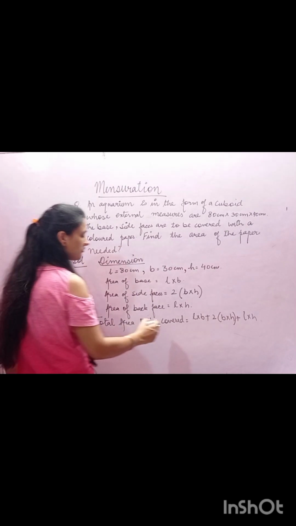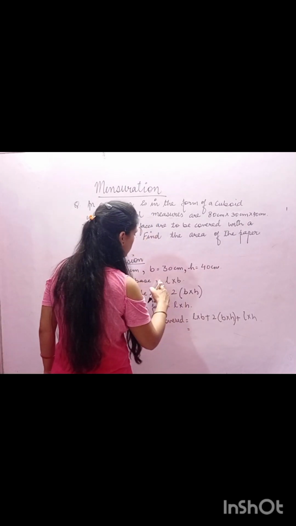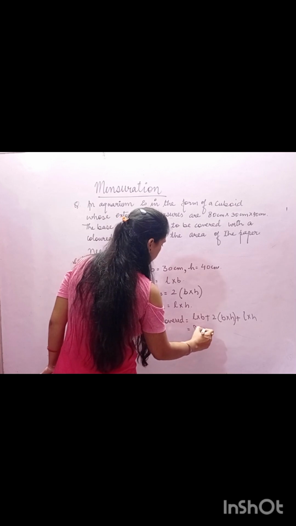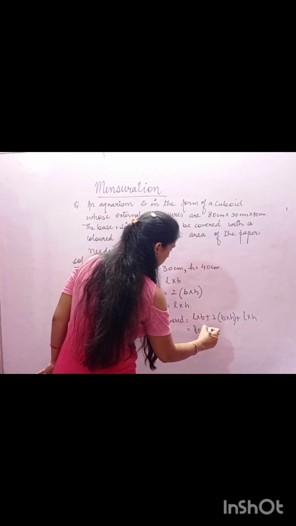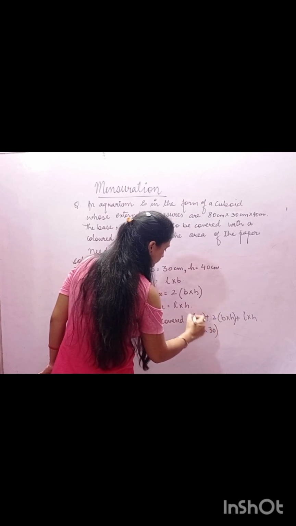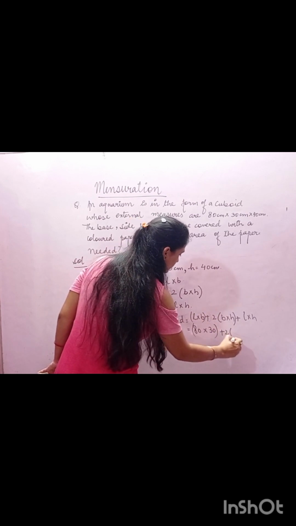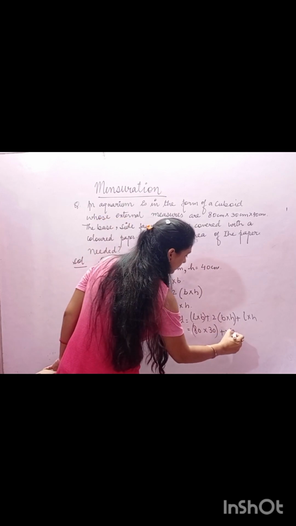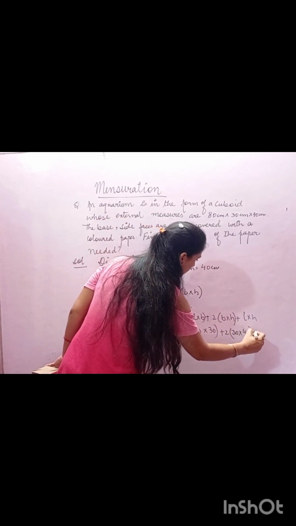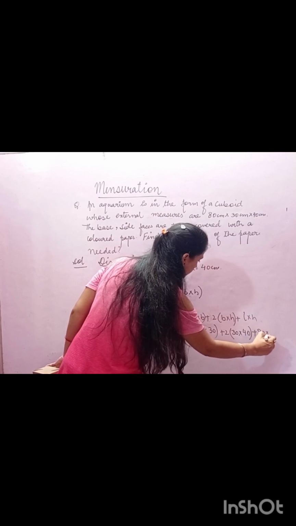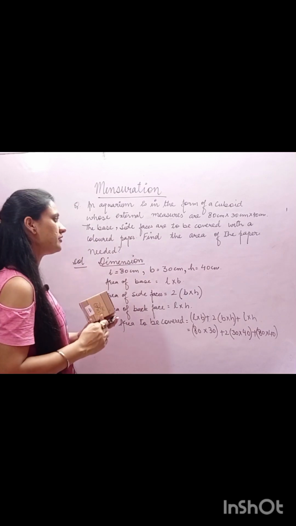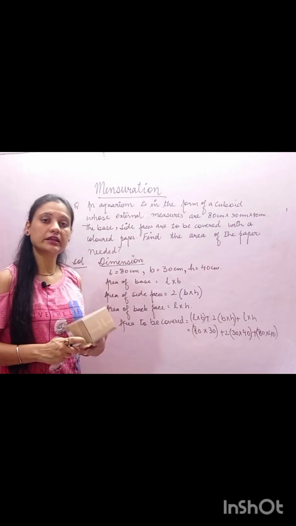Now you have to substitute the values here and you'll get the answer. What is the length given here? That is 80 into breadth 30, then plus twice, what is the breadth? 30 multiplied by 40, plus length again 80 multiplied by 40. So you solve this, add the total and you'll get the area to be covered with colored paper.